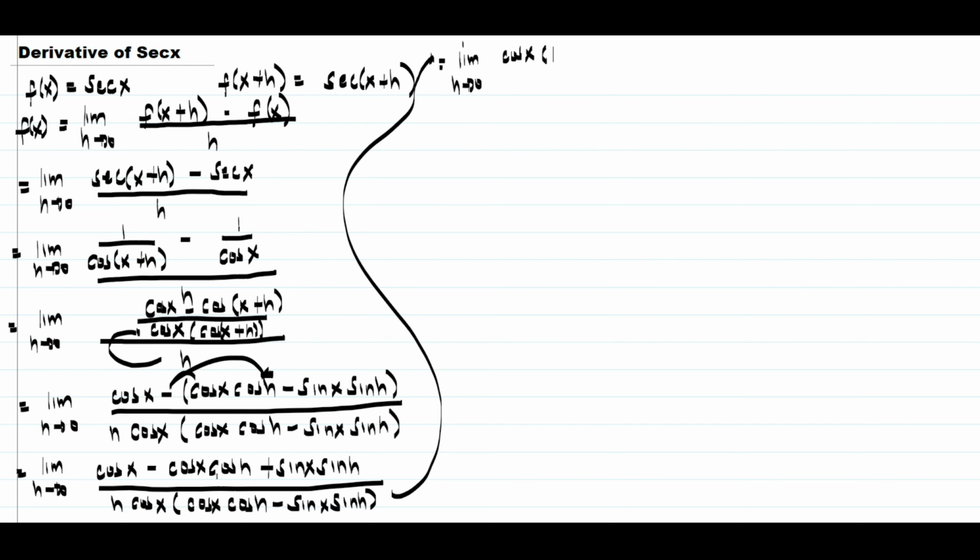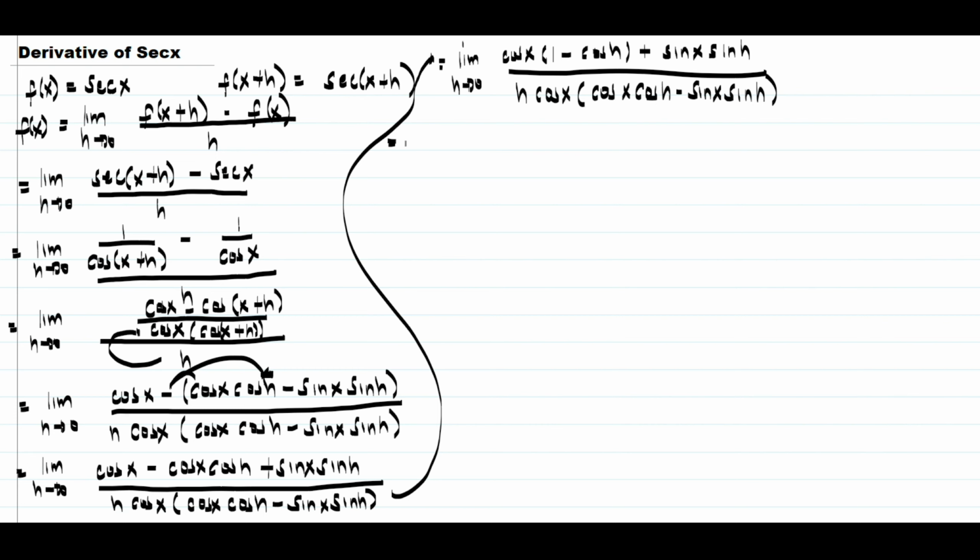Negative cosine x cosine h divided by cosine x is negative cosine h, plus sine x sine h, all over h cosine x times the quantity cosine x cosine h minus sine x sine h.